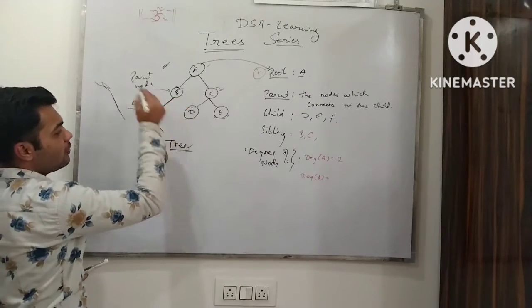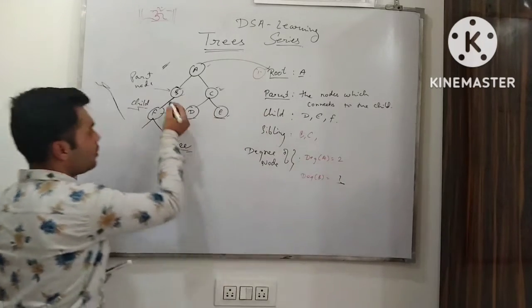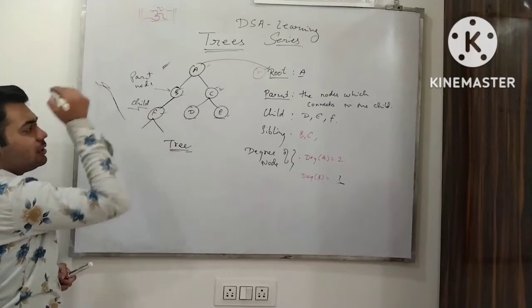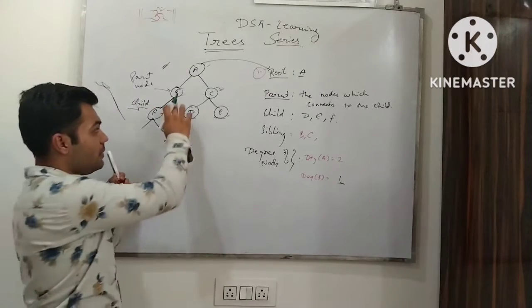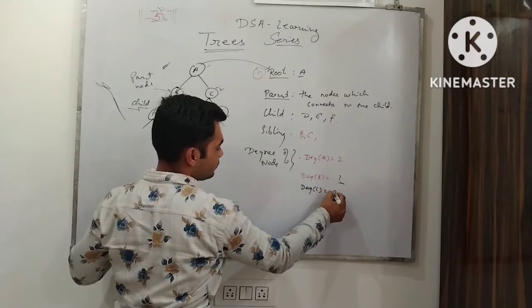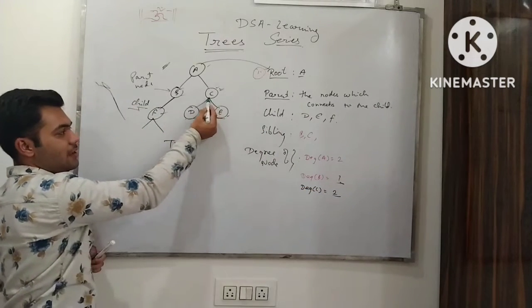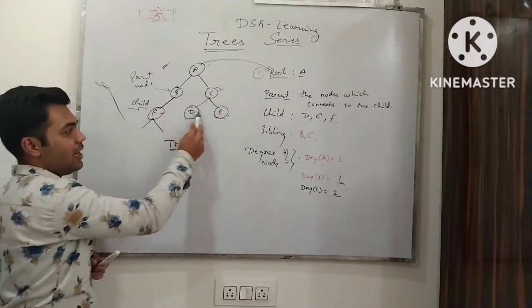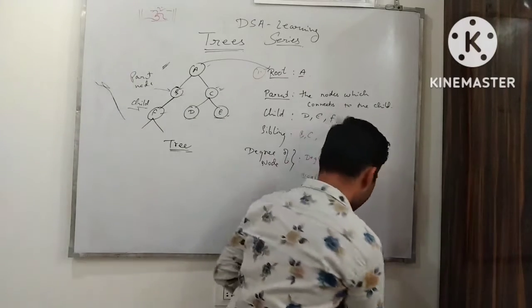The degree of B is 1, because B has only one direct child. And the degree of C is 2, because C has two direct children, D and E. I hope you understand this concept.